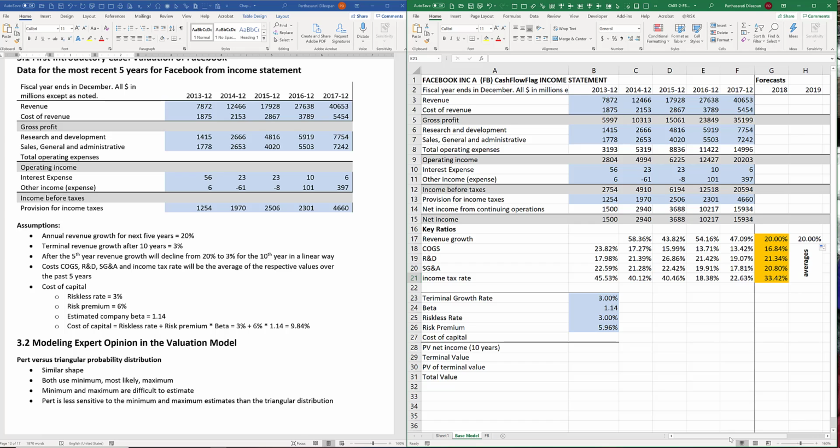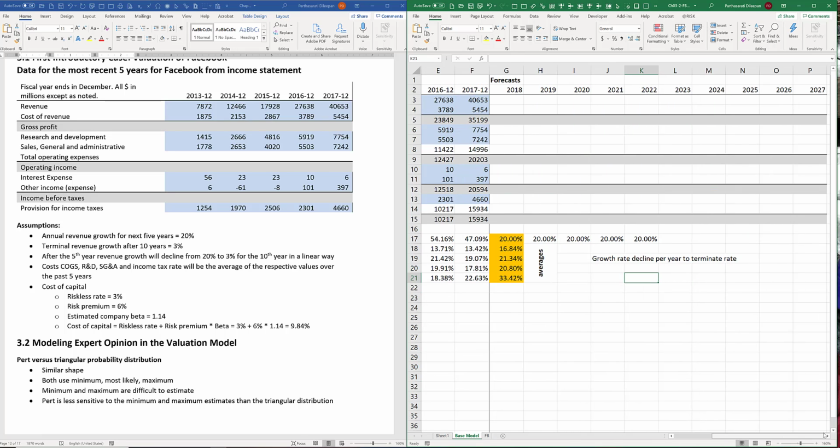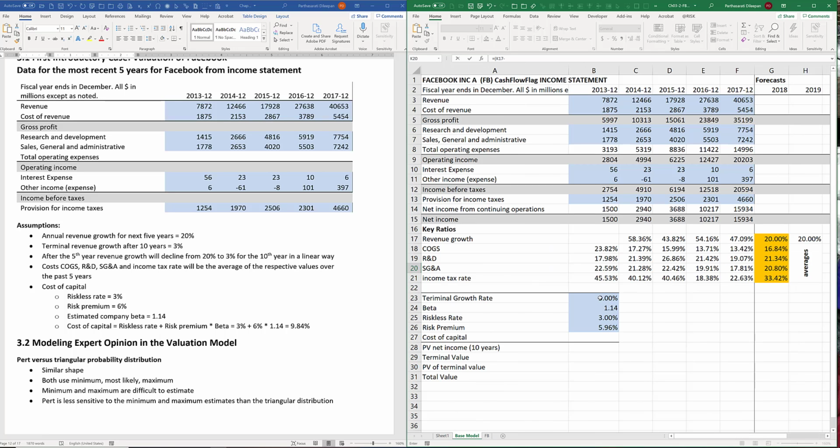Now, what we are going to assume is that after the 5th year, it'll gradually go down to 3% at the end. So the decline rate, how much should it go down each year, is given by, you want to start from 20 and then reach 3%.